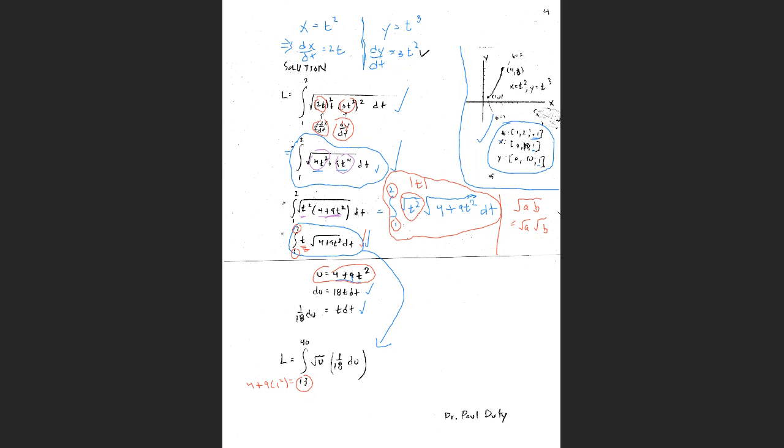The top t limit is 2, so to get the new top u limit, you have 4 plus 9 times 2 squared. That's 4 plus 9 times 4, which equals 40.